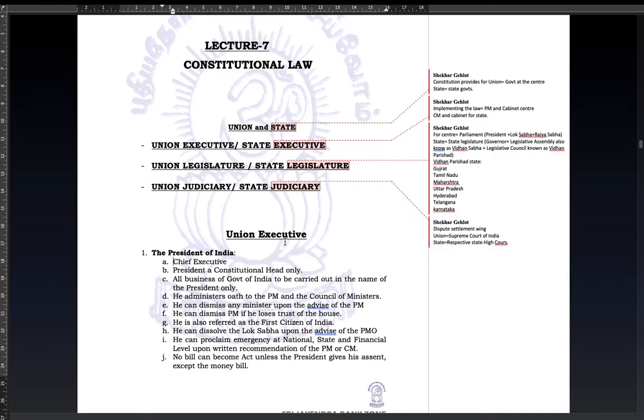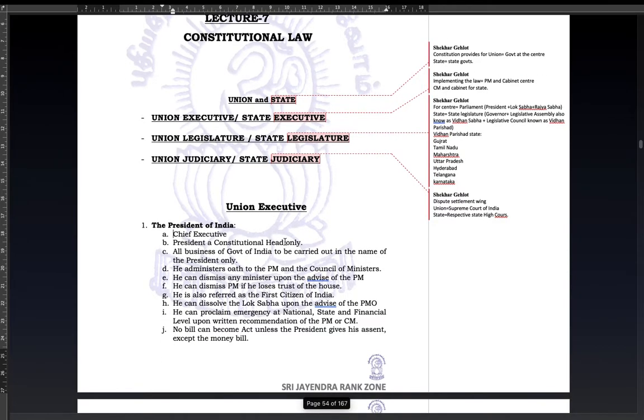When we are discussing the union executive, the first and foremost executive for the union is the president of India. Some people may be confused about why, when I write executive here, I write only PM and cabinet or CM and cabinet and do not mention the president.